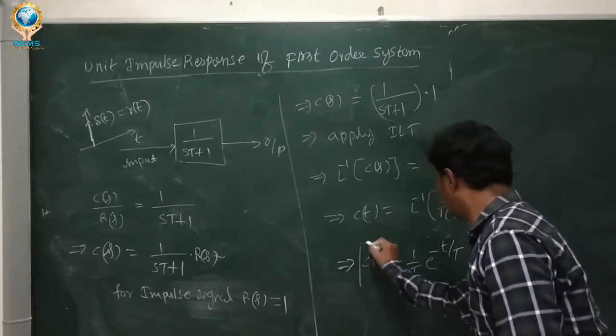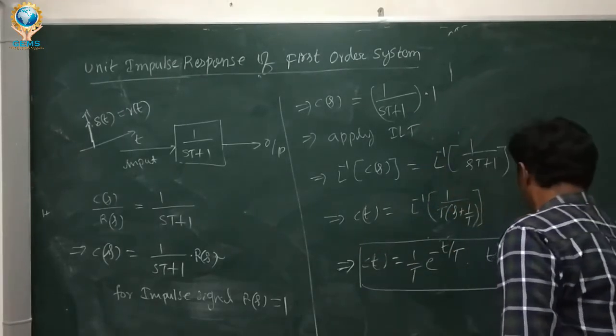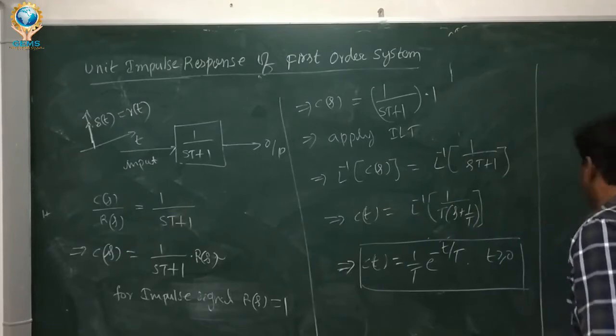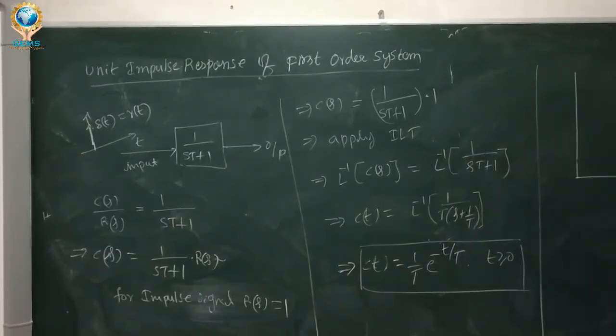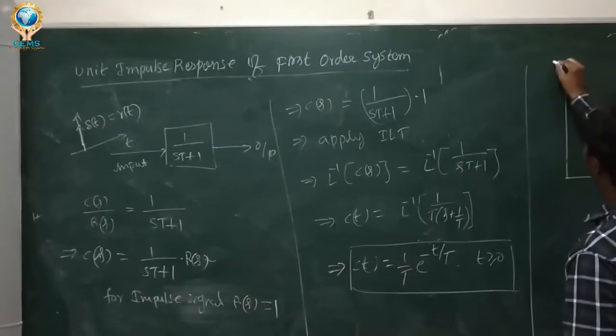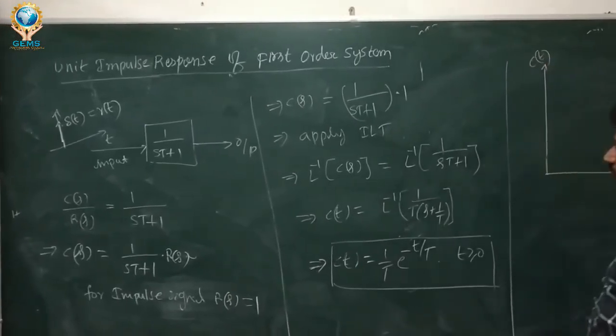This is the response. So when you draw the response, this is t, and this is c(t).